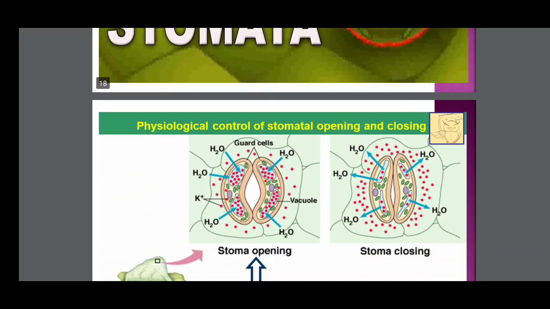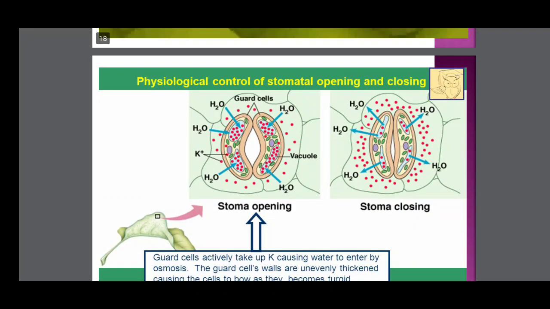Mechanism of opening and closing stomata: physiological control of stomata opening and closing. In the physiological theory, water enters from the subsidiary cells to the guard cells. In the guard cells, turgor pressure forms, the guard cells become turgid, and the stomata open.